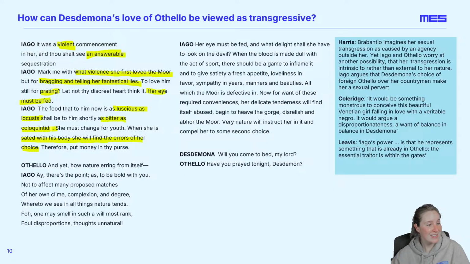So this idea that he's saying Othello now desires her so much because she's new to him, right? She's virginal and he wants to consume her. He wants to enjoy her, take her virginity, etc. But soon this sex and love and desire will be as bitter as poison.